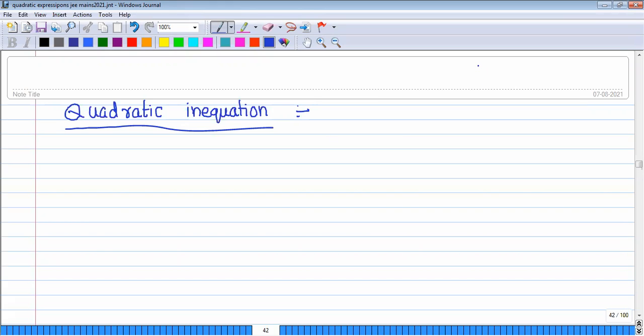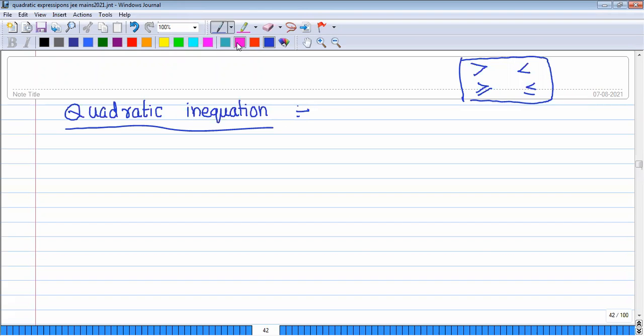So that means generally we have the inequalities: greater than, lesser than, or greater than or equal to, or lesser than or equal to. With the help of these symbols, if you write it, then that is said to be the inequalities. In the similar pattern, we discuss quadratic inequalities in the part of quadratic expression also.